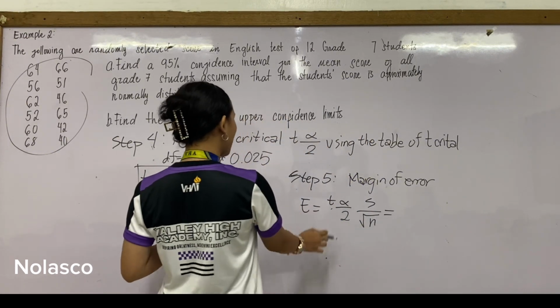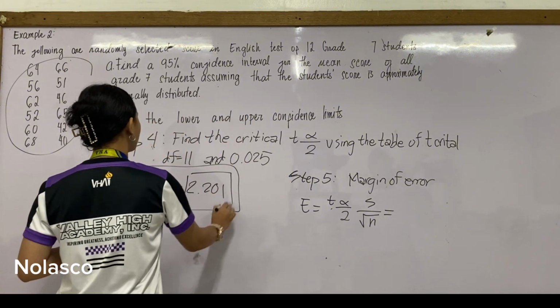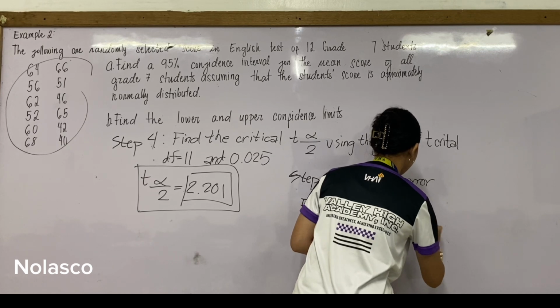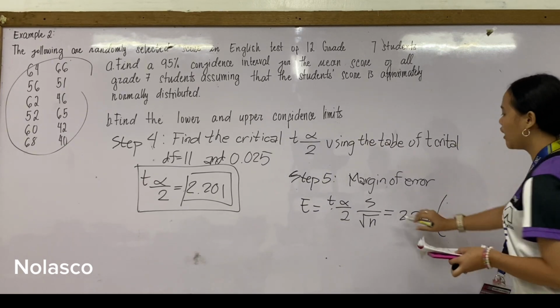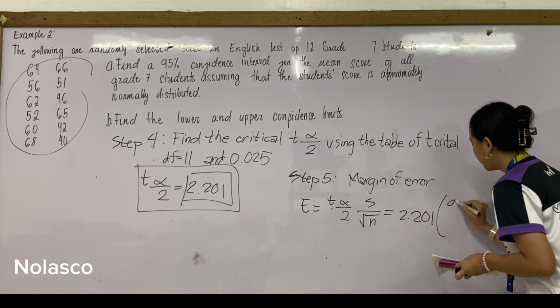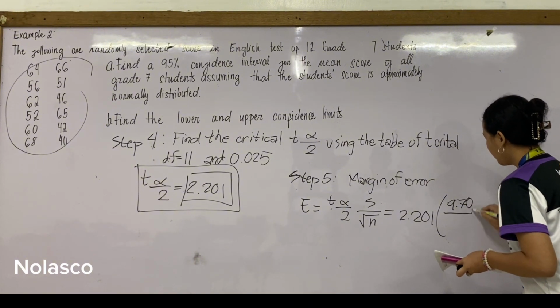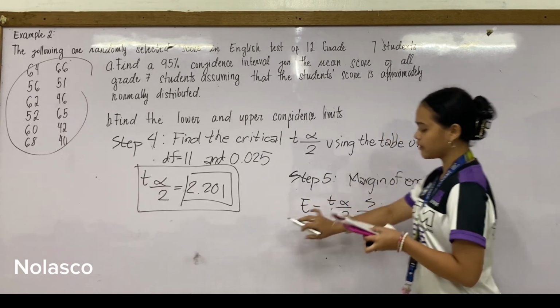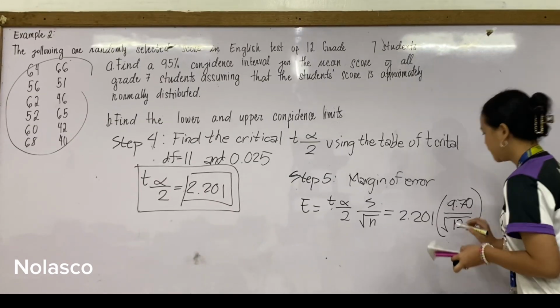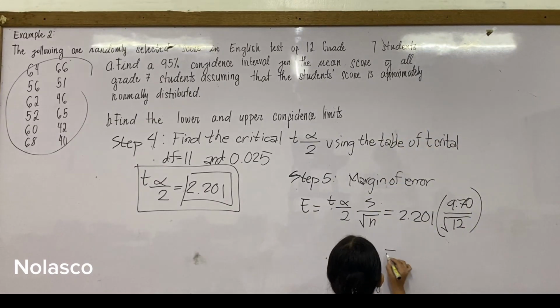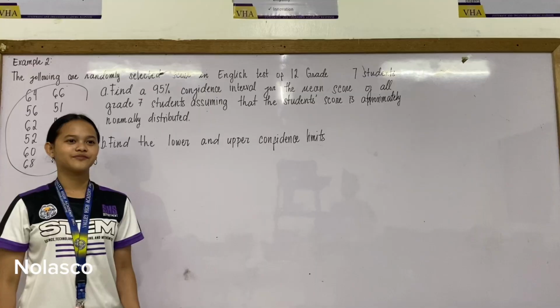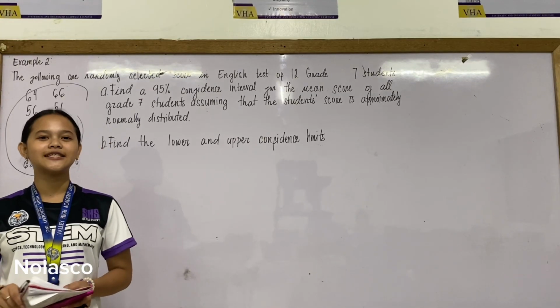So our T sub alpha over 2 is 2.201, and then our standard deviation is 9.73 over square root of our n, which is 12, is equal to 6.16. So now let's move on to step 6.